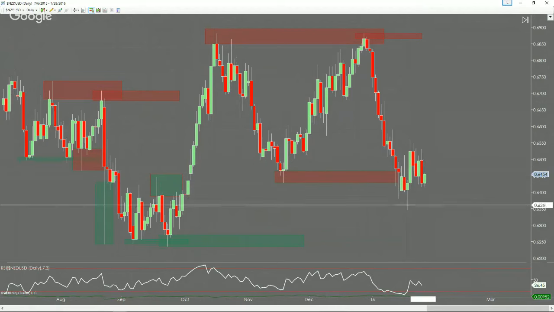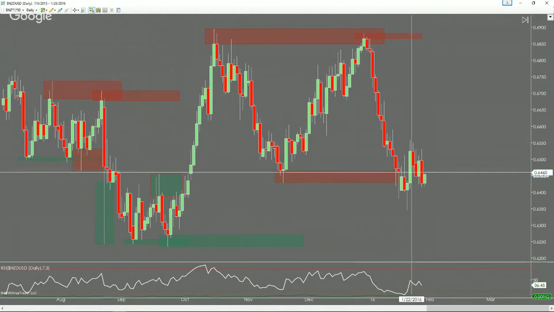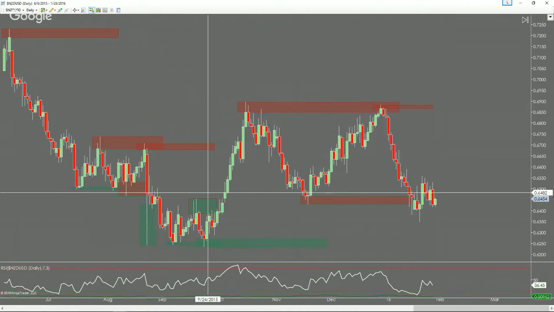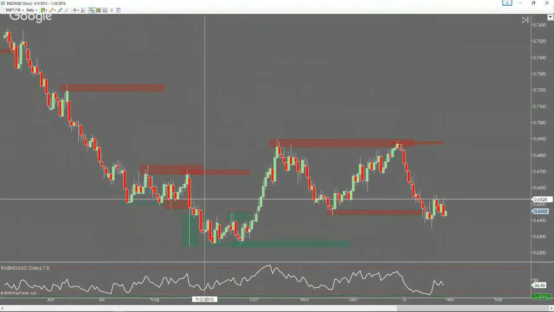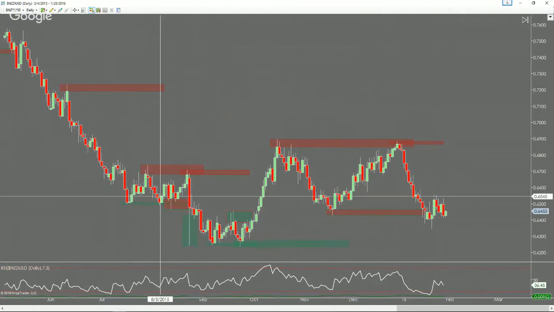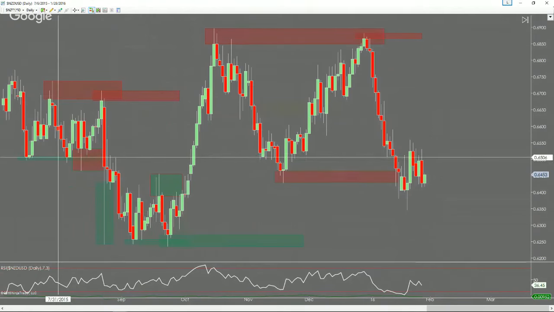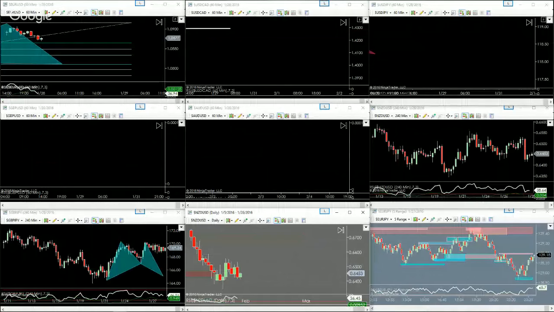If price comes back down there and doesn't close below this level of structure, it can be a good opportunity to hop on and ride that price back up. Now, we do have this consolidation right here, so you want to make sure that your risk to reward is good, or more than a 1-to-1 to make that trade worth it. So let's go down to the 240.